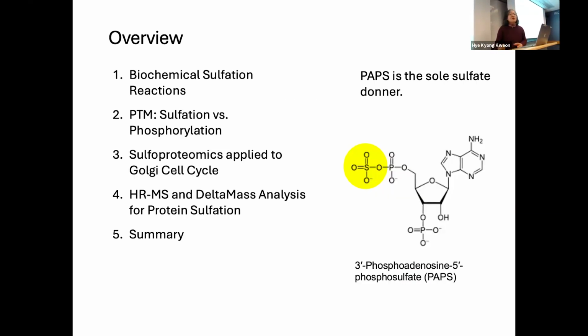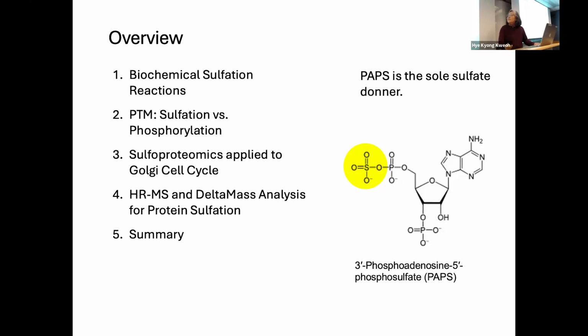To talk about sulfoproteomics, I want to first go over a general biochemical sulfation reaction that is found in cells, with a few examples, and then briefly review what sulfation and phosphorylation are as post-translational modifications on proteins.